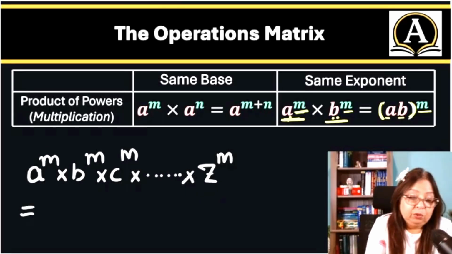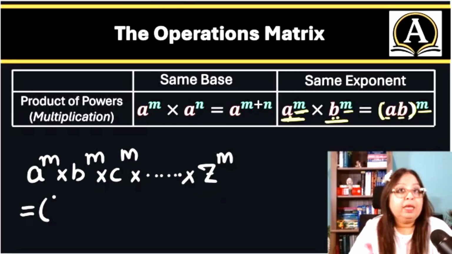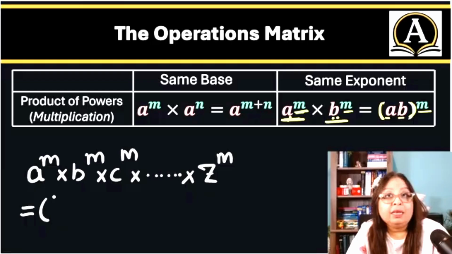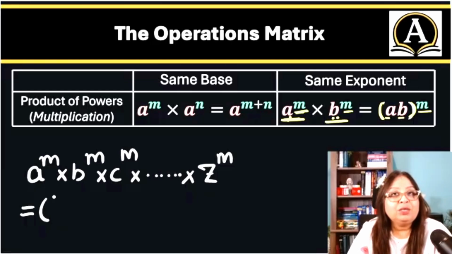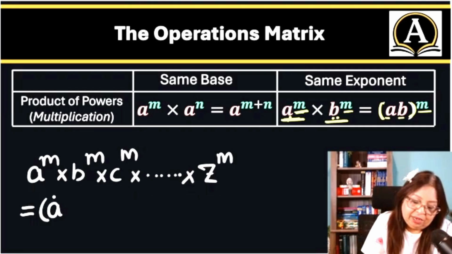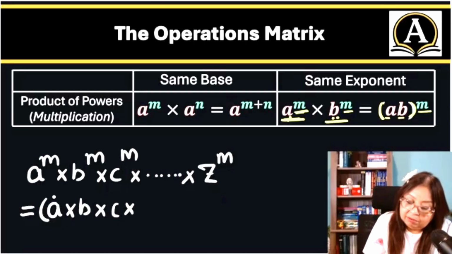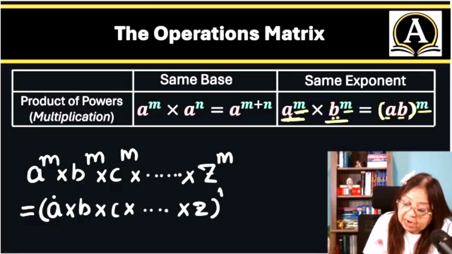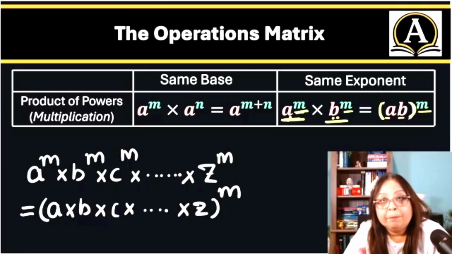Well, you can write this as the product of a, b, c, d, e, f, g, h, i, j, k, l, m, n, o, p. I know, I love to sing that song every time I get a chance. So here, inside the parentheses, we have a times b times c times so on till you get to z, and raise this entire product to power m.